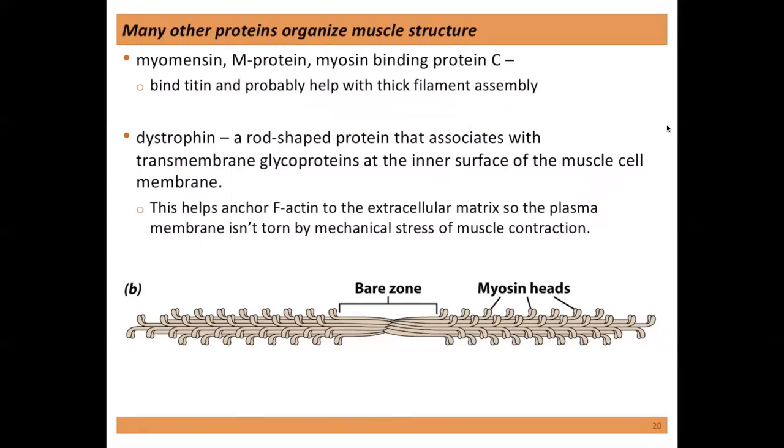And in the end, what that really does is it helps anchor the F-actin to the extracellular matrix. So when you condense the cell or contract the muscle, you don't want the membranes to be torn away. So there's a protein that helps anchor that and prevents these fibers from pulling on the membranes and essentially shredding the cell.